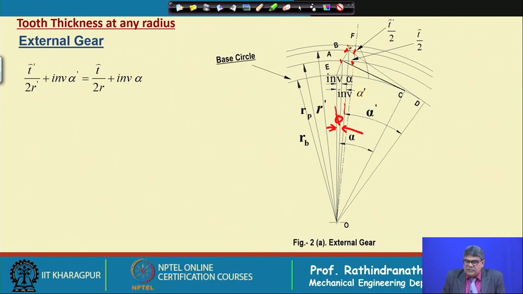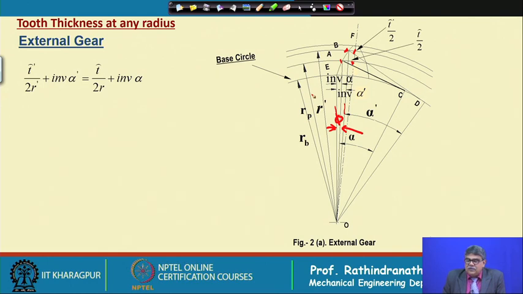Now, if we consider the angle, then arc t by 2 divided by the radius will give us this angle, half tooth thickness angle at pitch circle.